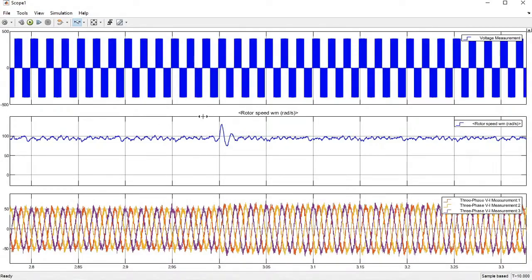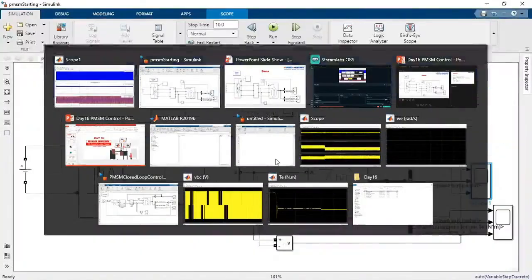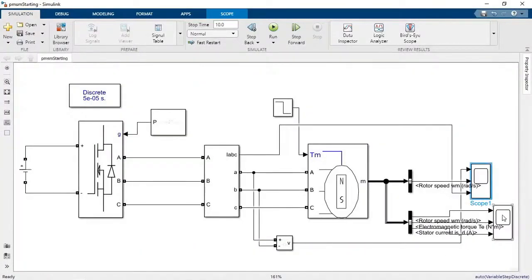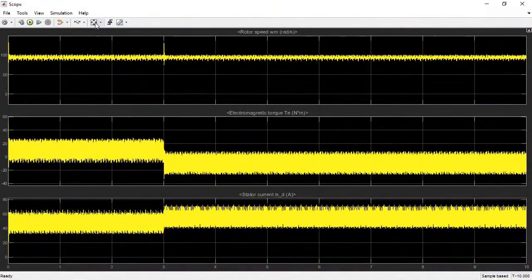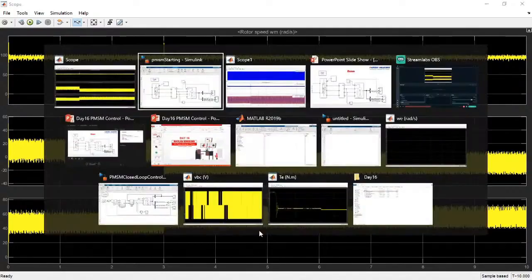By implementing a proper control algorithm, we can regulate this speed and minimize the speed oscillations. Again, here is the speed graph, then the electromagnetic torque graph, and the stator current graph. Due to the sinusoidal function, the current shape will be sinusoidal.